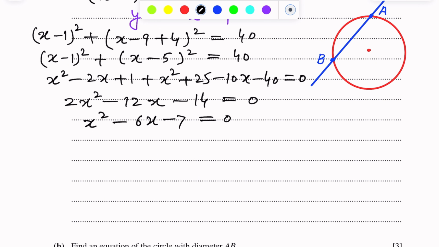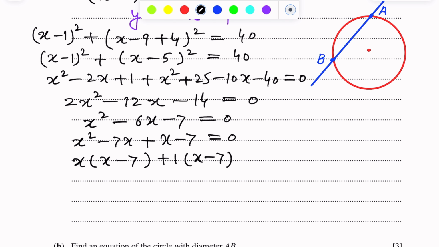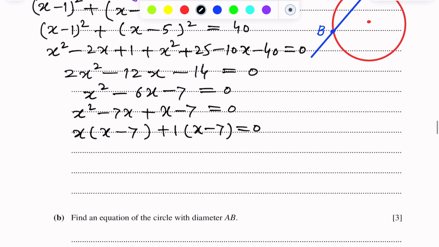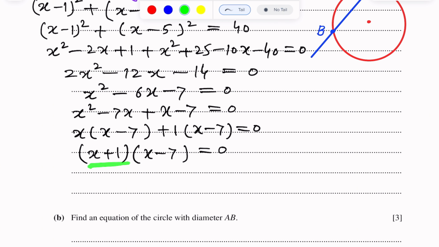Factorizing it, x² − 7x + x − 7 = 0. There are two factors, (x + 1)(x − 7) = 0. Putting x + 1 = 0, x is equal to −1.